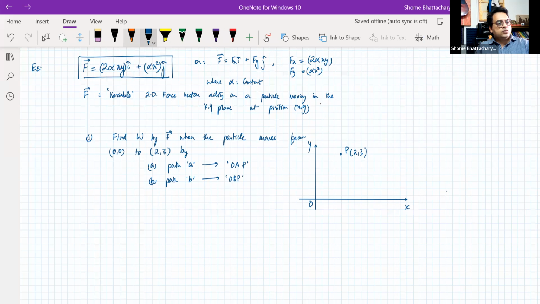From here to here, this is the path. It's path A, which is going via the point A. And the second one is a different path, and that I'm showing you.